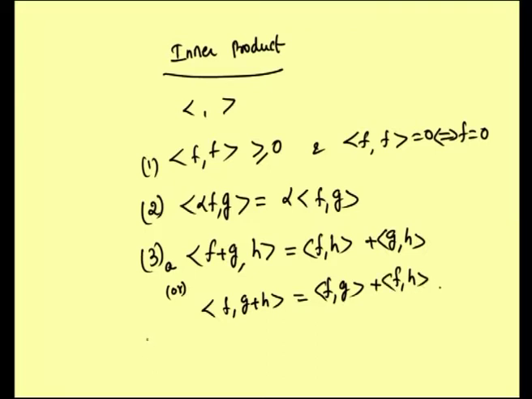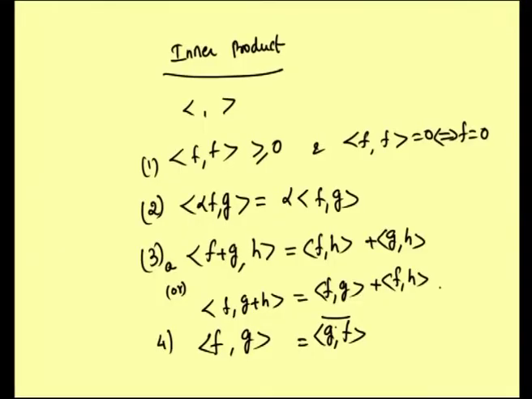And then fourth is the symmetric property, (f, g) is equal to (g, f), symmetricity, that is (f, g) is equal to the conjugate of (g, f). And if any function f satisfies these four conditions, and if it belongs to the particular set C of [a, b], then we say that C of [a, b] is an inner product space.